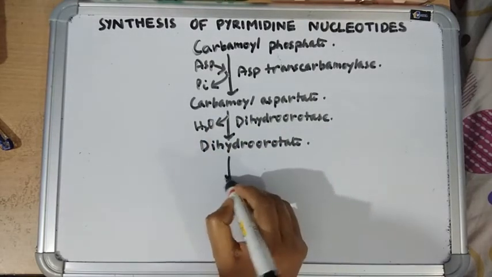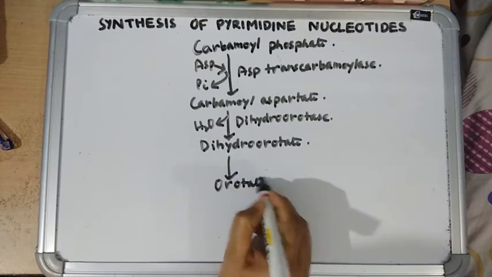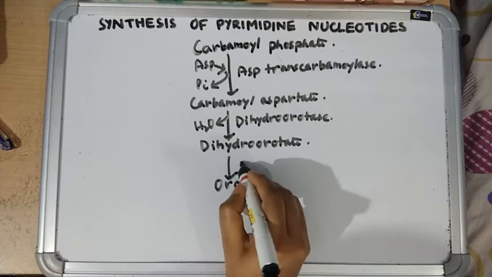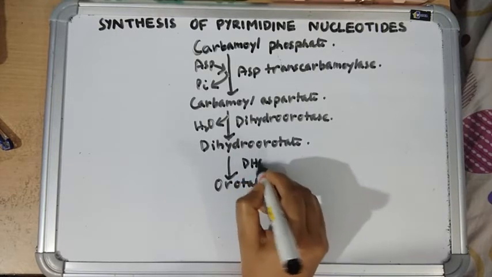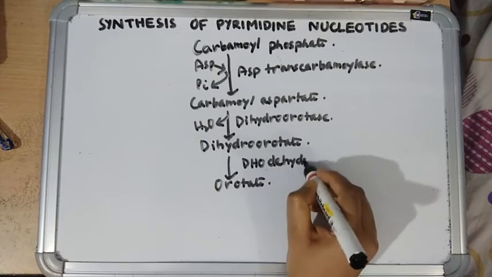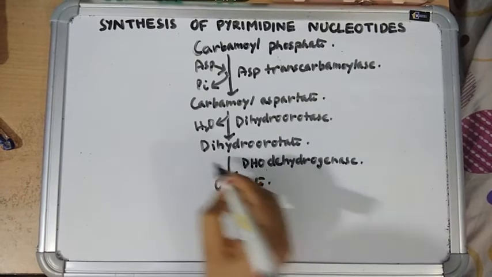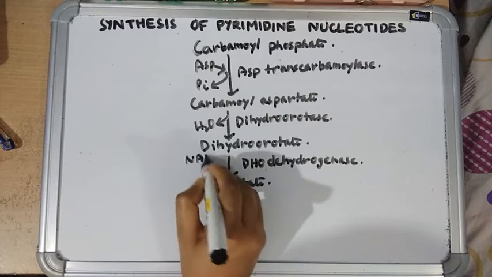Then dihydroorotate is converted into orotate with the help of the enzyme dihydroorotate dehydrogenase. NAD is required.